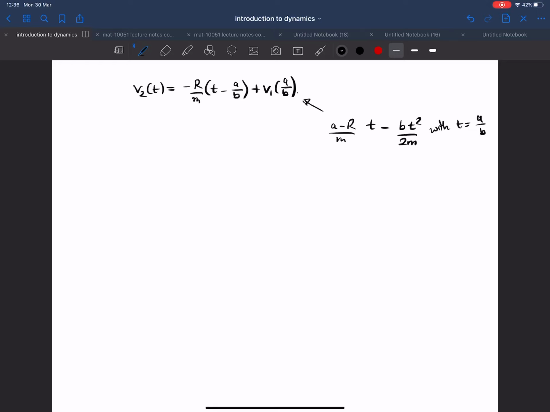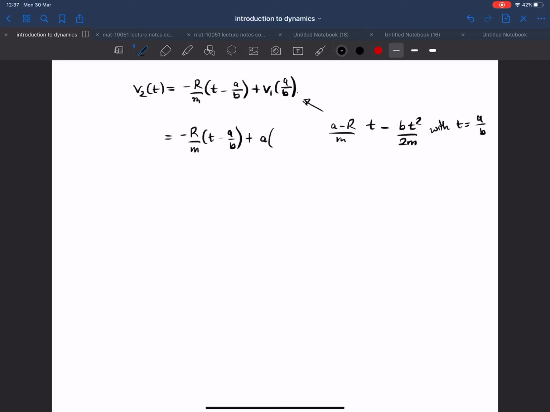A over b goes in there, and this is what we get. You should be able to check that this V1 is the following constant.